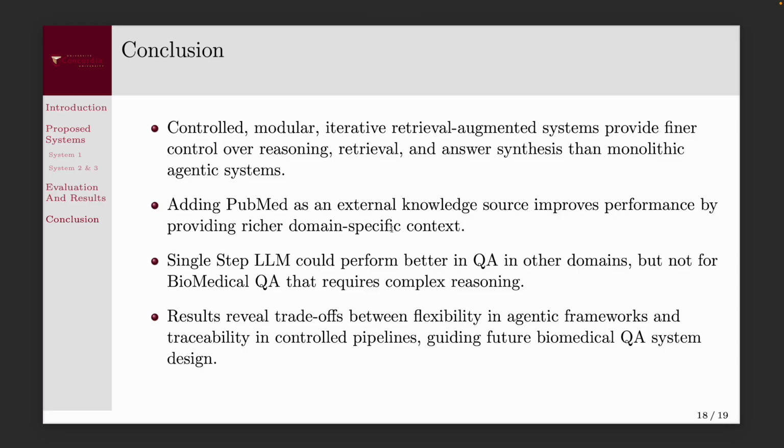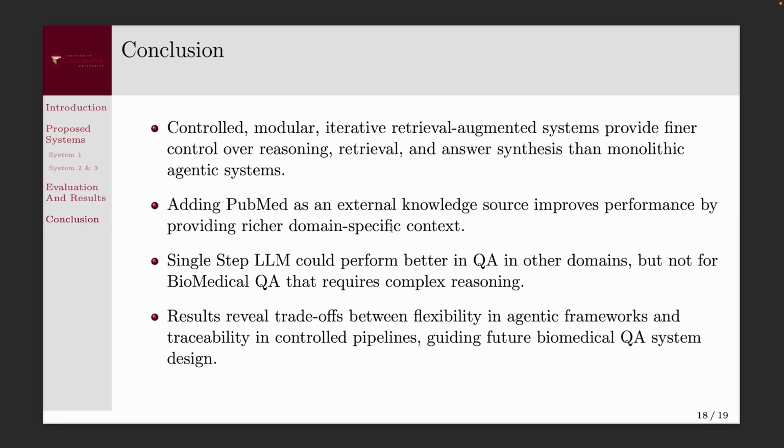Coming to the conclusion, I conclude by saying that for biomedical tasks, it's better to have controlled, modular, iterative RAG systems that provide finer control over reasoning, retrieval, and answer synthesis than a monolithic agent system that uses just one prompt and struggles with refining intermediate reasoning steps.